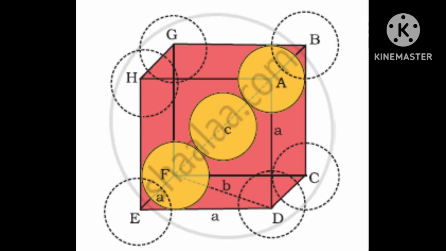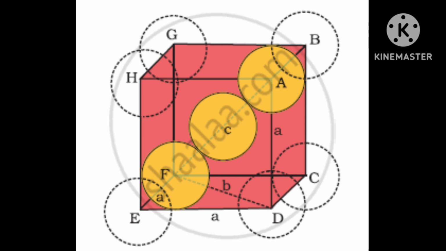Here perpendicular and base are both the same, so h square is equal to a square plus a square, that is 2a square. Then h is equal to under root 2a square, meaning under root 2 into a.